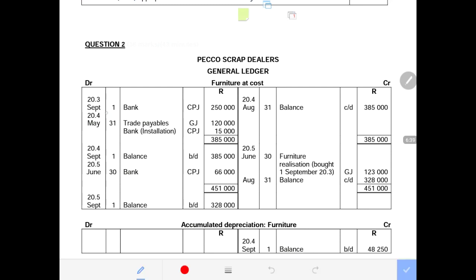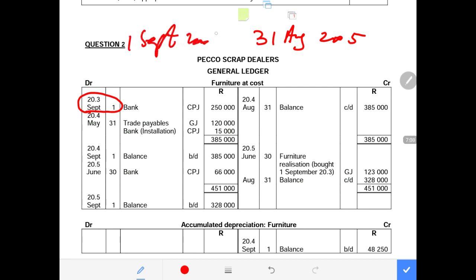In our ledger account, we have the furniture at cost, which has an opening balance on the 1st of September 2003. Remember, we are doing the books for the year that ended 31st of August 2005, and this year started on the 1st of September 2004.